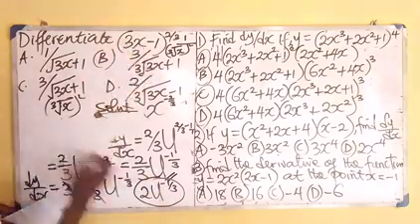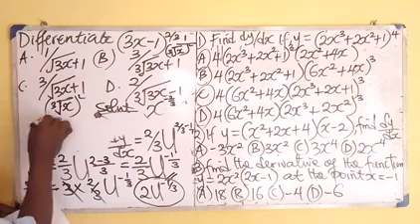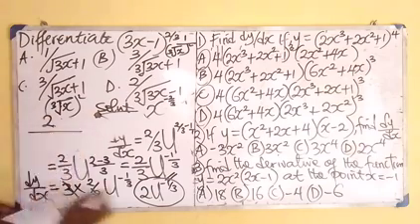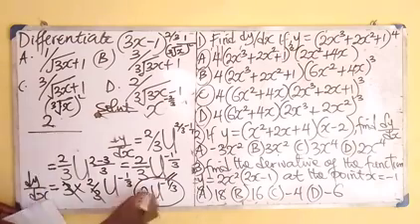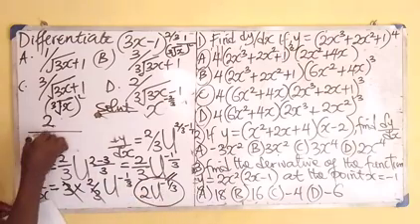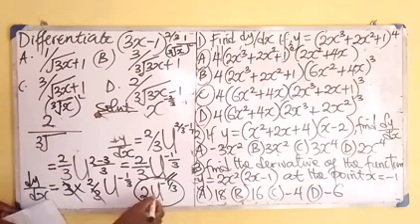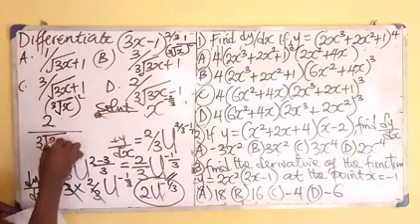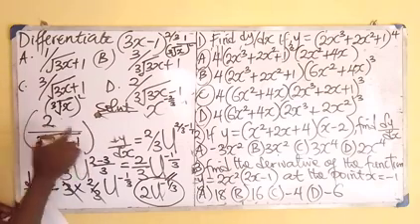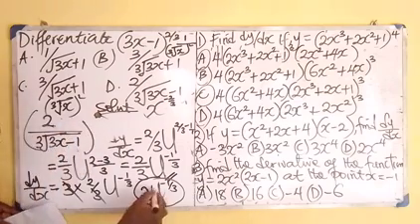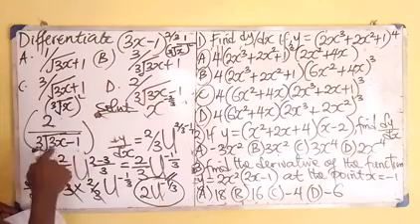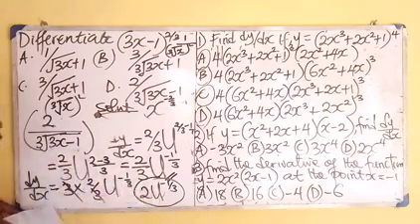Therefore, I'll say 2 over, because of this 2 here, the cube root of, in place of u, what will you put? 3x minus 1. So the answer is this, because this one is occupying u, just as we have been doing it.